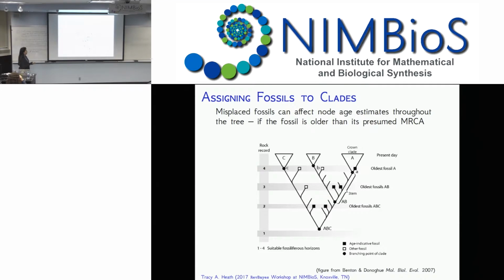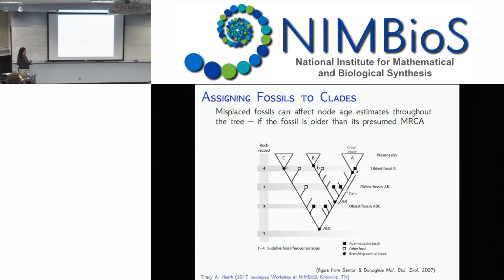I'm interpreting that the ages are typically coming from the stratigraphic range in which it's found. And so if it's black, it actually can inform a node. Both of these are given the same age, so these can be indicative of the age of this node.